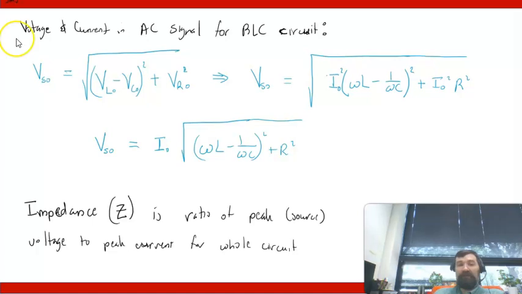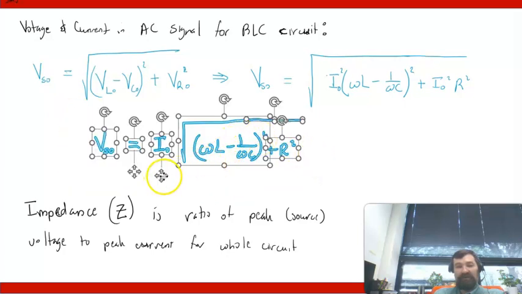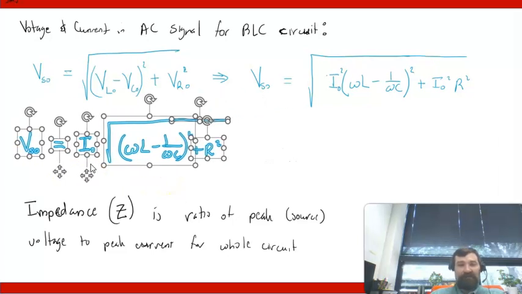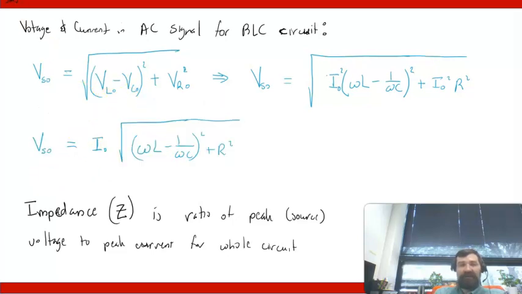individual element. Now it should be evident from this definition that the impedance is going to be given by basically this equation here that I've highlighted, divided on both sides by the peak current I naught.